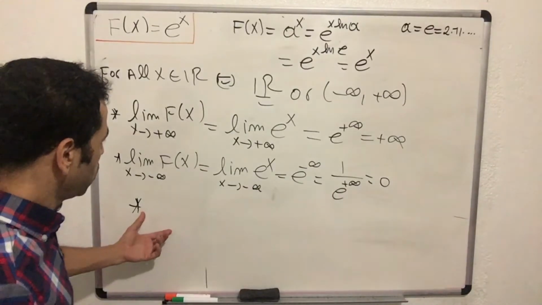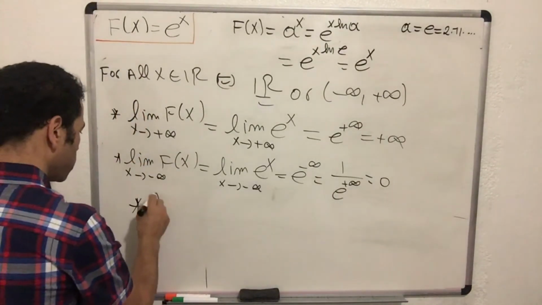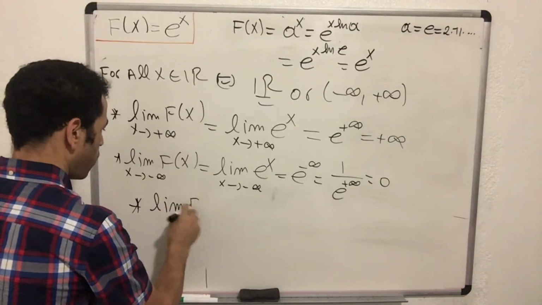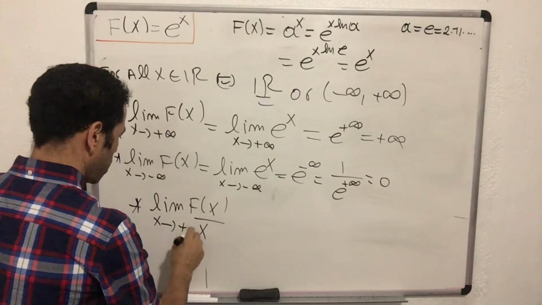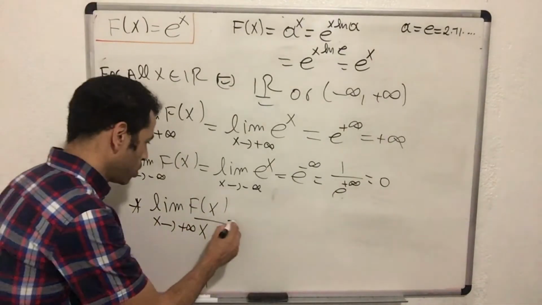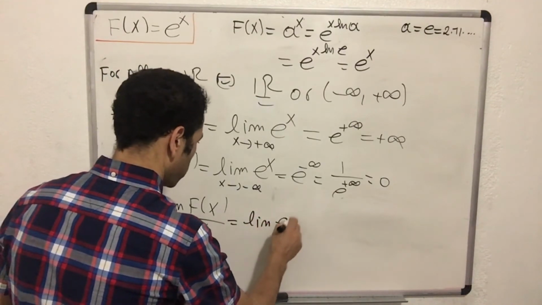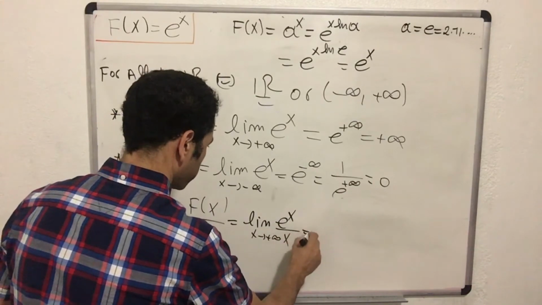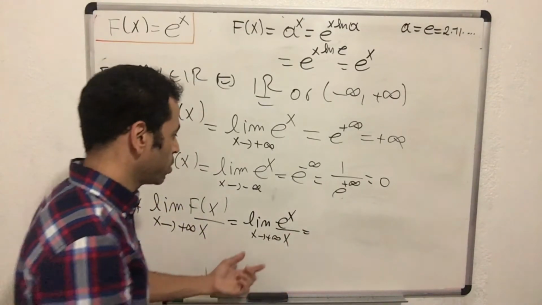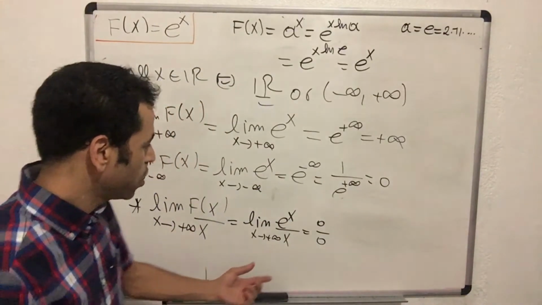Now let's move on to calculate the limit of f of x over x as x approaches plus infinity. So this one is the limit of exponential x over x as x approaches plus infinity. This is an indeterminate form, of this type infinity over infinity.